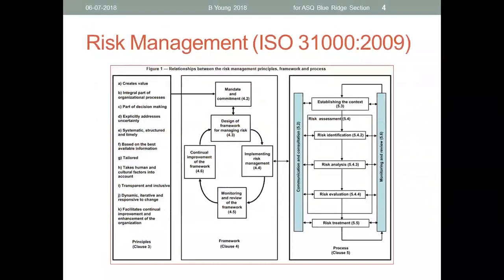The previous version was released in 2009, and it basically talked about this three-part look at risk management, where you are looking at the interface between principles of risk management, the framework, how the process is supposed to work from a management perspective, and then how the process is supposed to be laid out in a flow of activities for actually conducting risk management on a product.